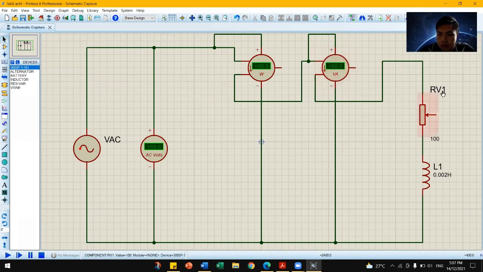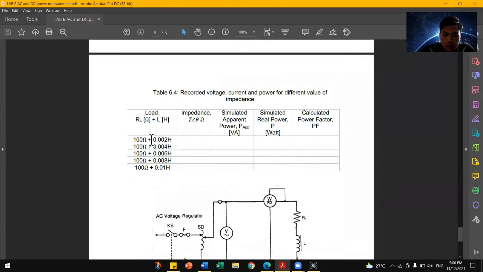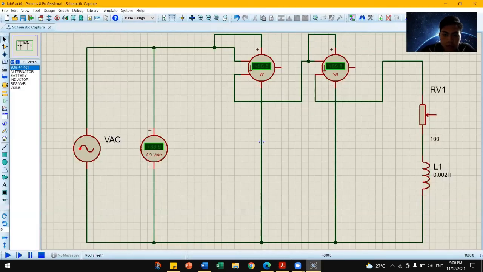This is the resistor with 100 ohm value. Next is the inductor with 0.002 Henry. There are 5 different inductance values used in this experiment.